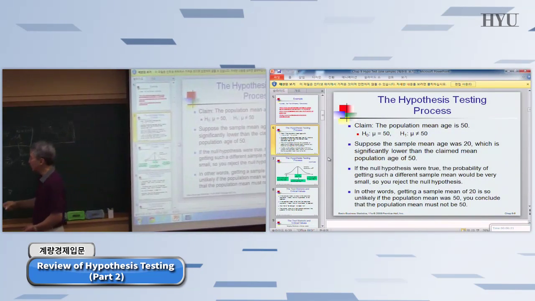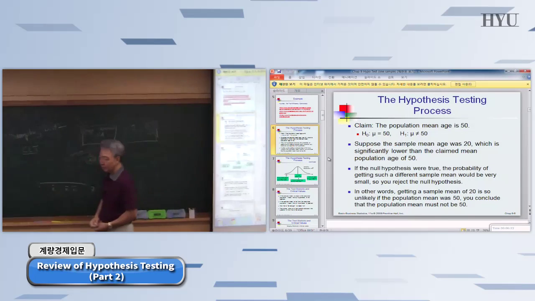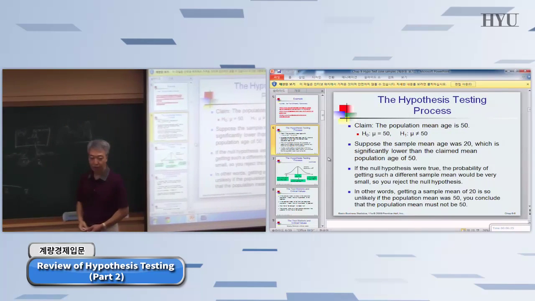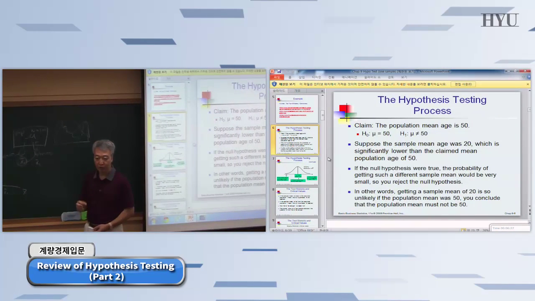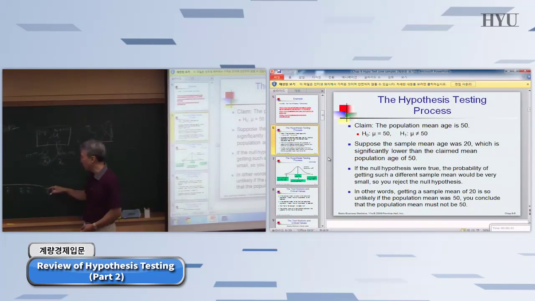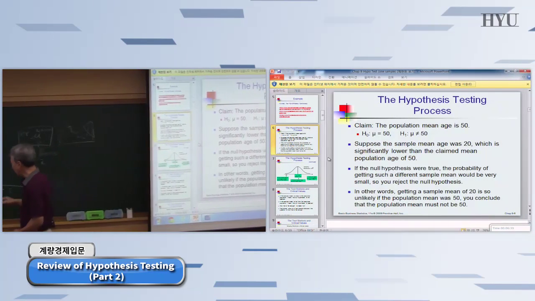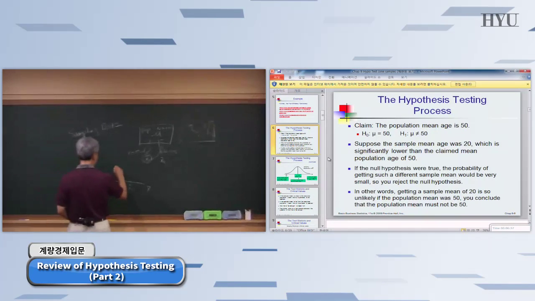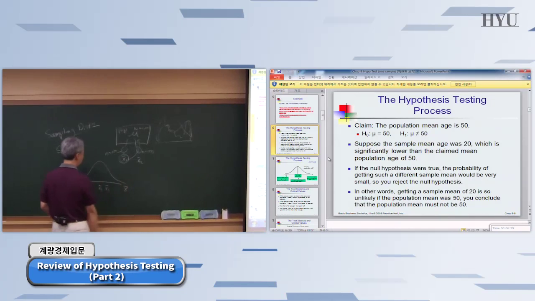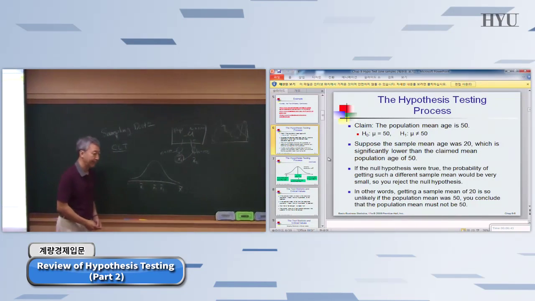But CLT, the central limit theorem, says, as long as you select a sufficiently large sample, right? The sampling distribution, in other words, the distribution of the sample statistic, will have a normal distribution. Okay?